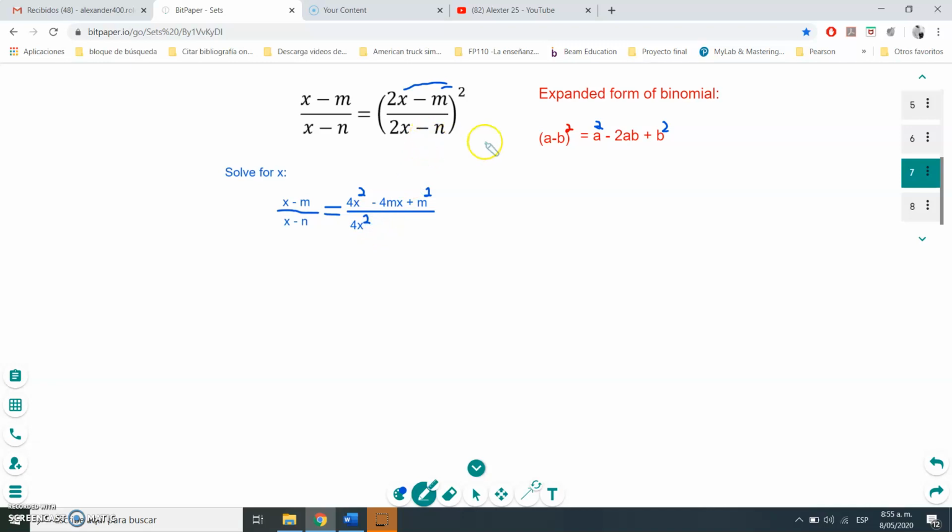And then minus 2 times ab, so it will be minus 4nx. And then the next term will be plus n squared, to the power of 2.